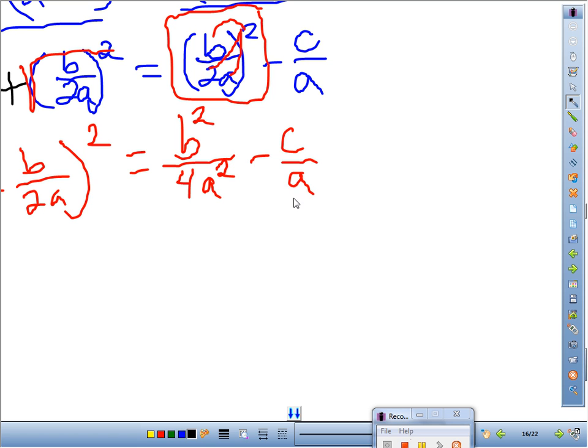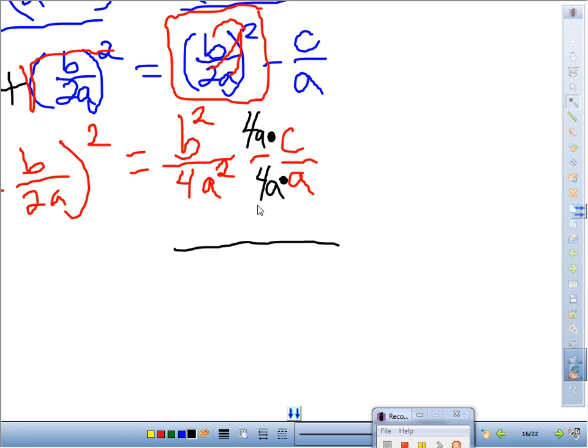So what can I multiply a to make it 4a squared? 4a. What is 4a times a? 4a squared. So whatever I do to the denominator, I do to the numerator. Now check this out. Don't copy this yet. Look what I'm going to end up with.